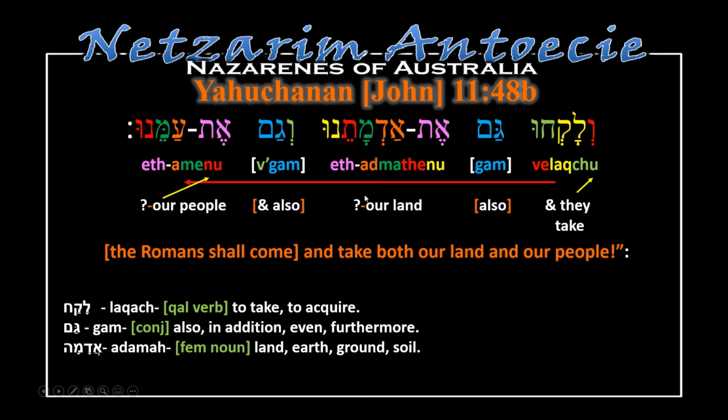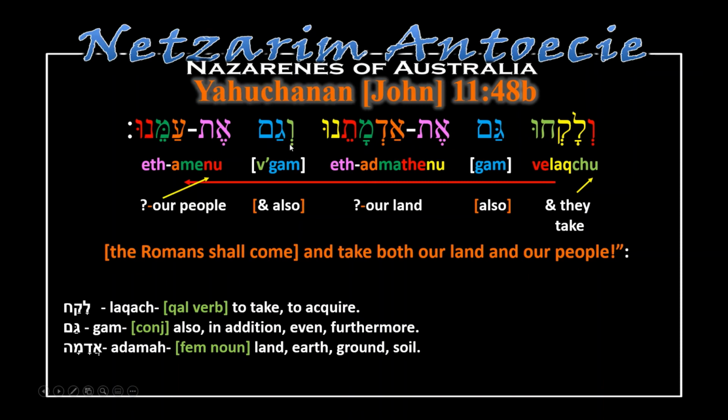admatenu. Admatenu. So this is, we know that Adama down here, Adama is a feminine noun for land, earth, ground, soil. It's almost like a singular, and this is more like the plural. Admatenu, meaning our land. The gam is also, and also, looking down here, gam is a conjunction meaning also, in addition, even, furthermore.